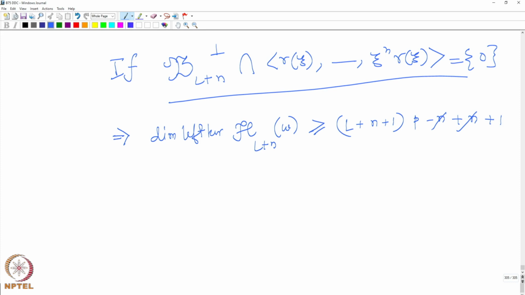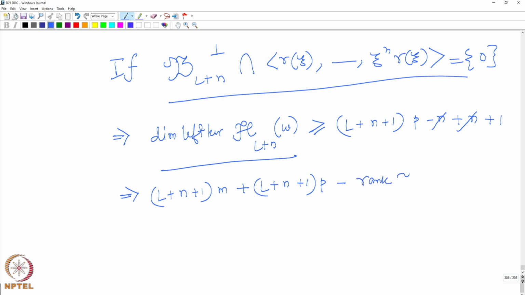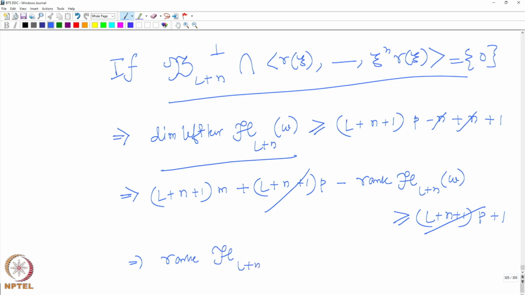This cancels out, but this dimension is equal to (L+n+1) times m plus (L+n+1) times p minus rank of H_{L+n}^w. This must be bigger than or equal to (L+n+1) times p plus 1. This cancels out, which implies the rank of H_{L+n}^w must be less than or equal to (L+n+1) times m plus 1.